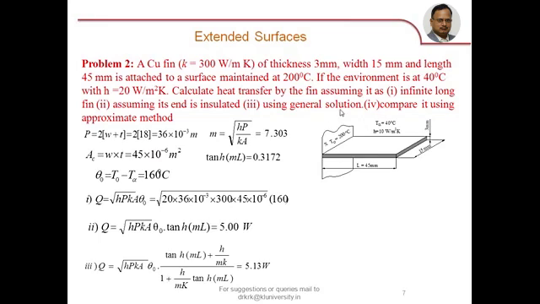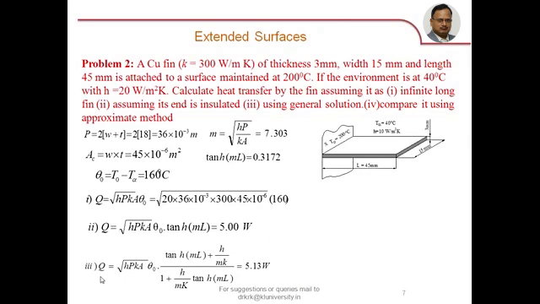whereas in the second case it is giving only an answer of 5 watts. Now let us take the general solution, because this fin is not insulated at the end and is not infinitely long. So both answers are wrong. At the end of this fin, from the last element, the heat enters into the environment by means of convection. So the general solution is more appropriate.